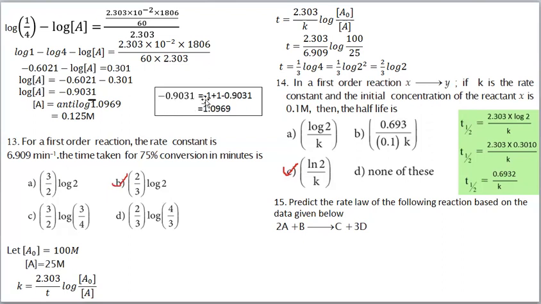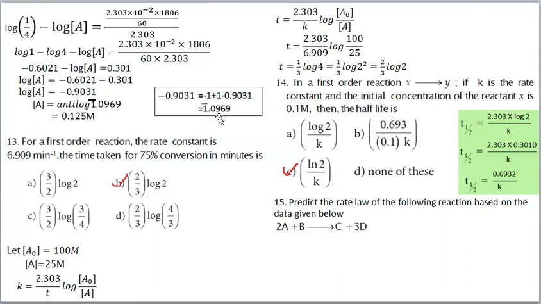So we do a small adjustment to this number. We can add minus 1 and plus 1, so the answer cannot change. With the 0, we can add the minus 1, so we will get bar 1. Then with this number, minus 0.9031, we can add a plus 1.